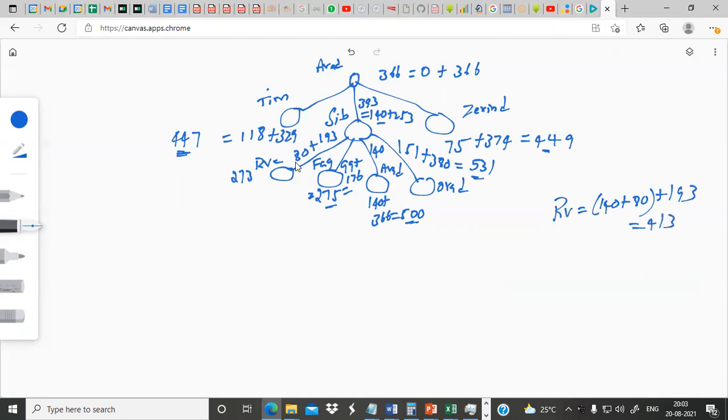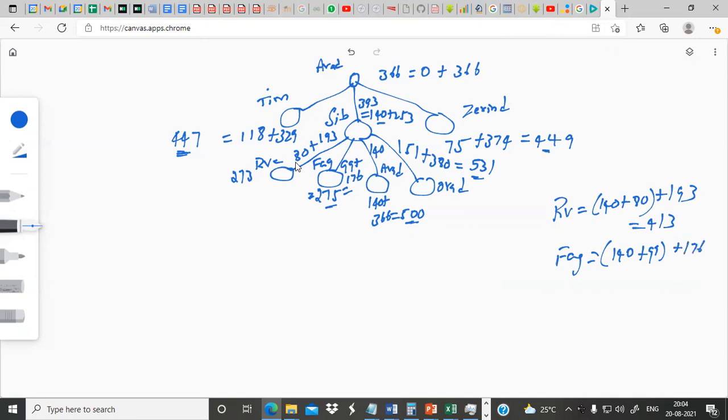Similarly, if you take this path via Figueres, it will be 140 plus 99. This is the actual cost plus 176.